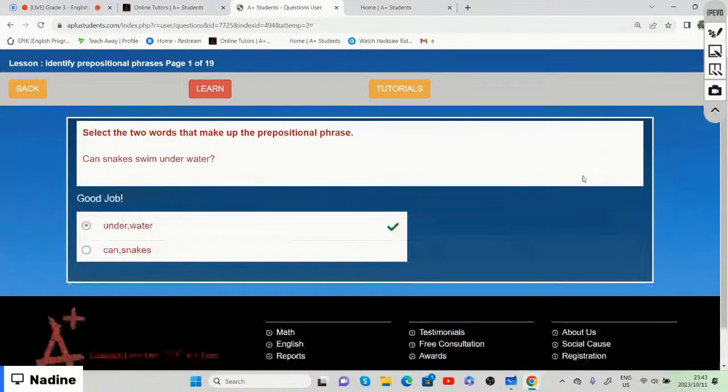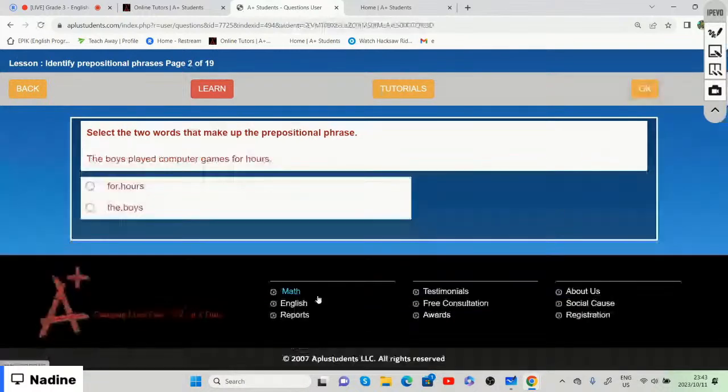So under and water is our prepositional phrase, which means that it's basically telling us where or when, and it is also giving the object. The boys played computer games for hours. We need to select the two words that make up the prepositional phrase.